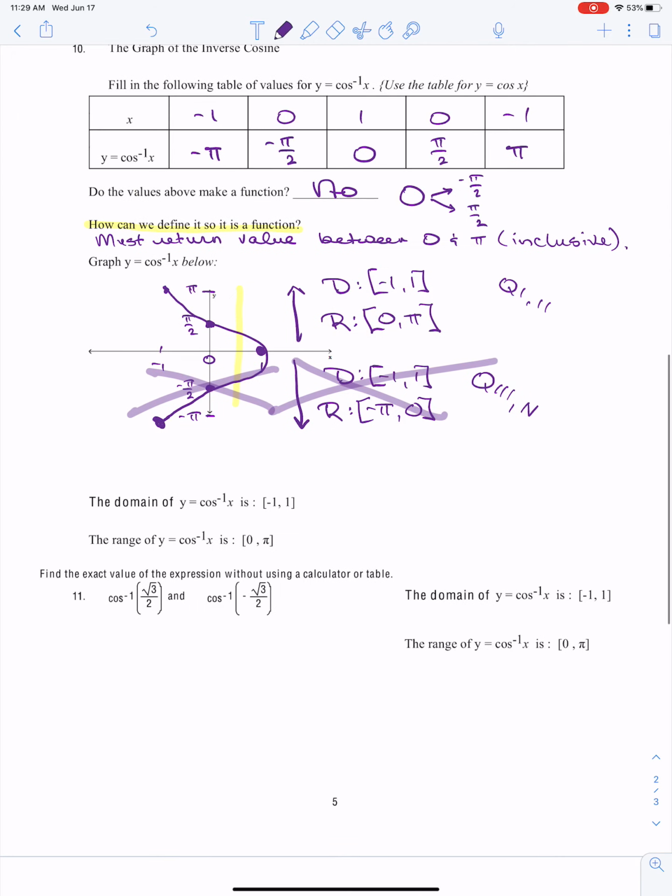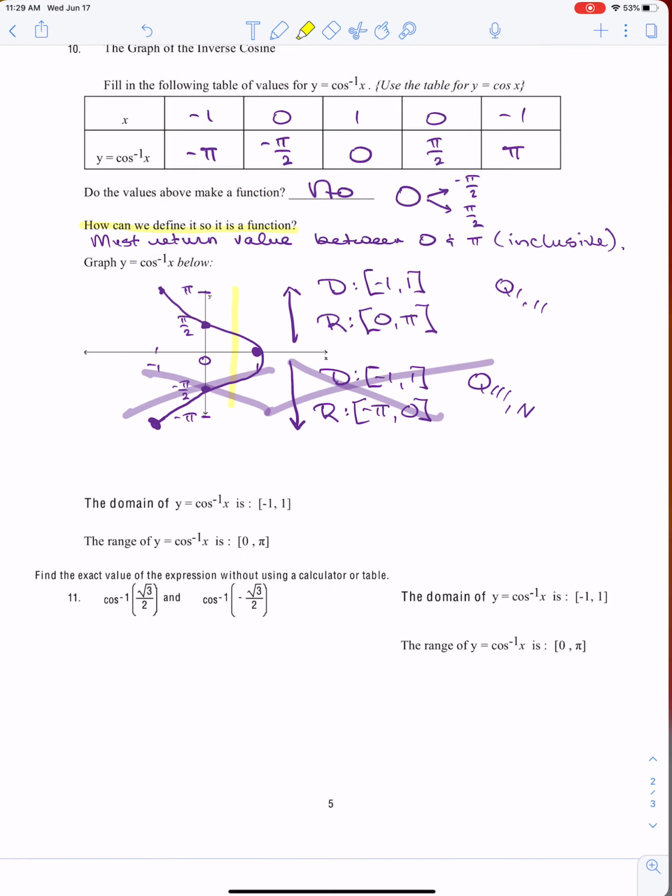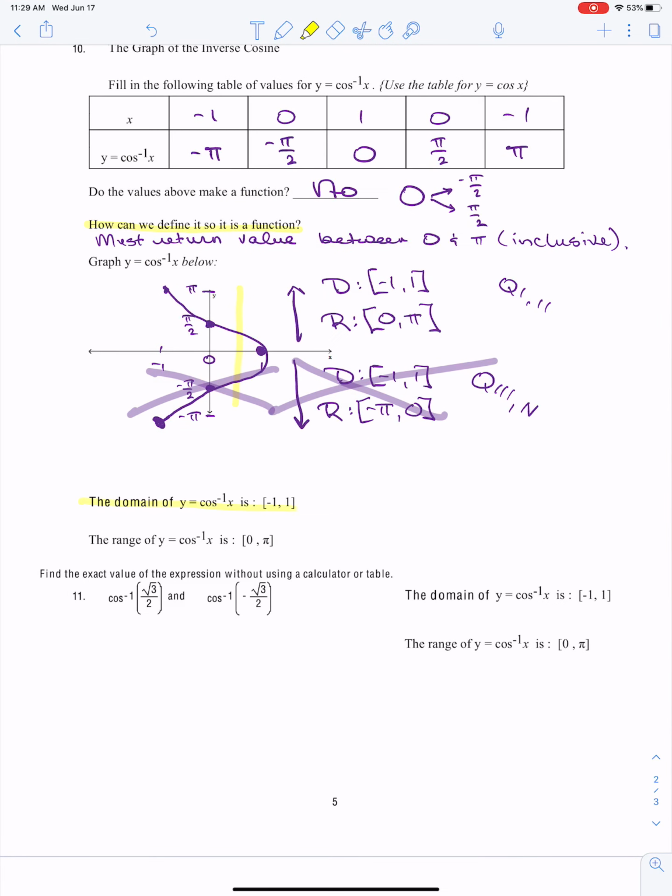And so every time you see an inverse cosine, just know your answer is going to be in quadrant 1 or 2. We don't want anything that is fallen in quadrants 3 or 4. Okay? That's what we're saying right down here. The domain is -1 to 1. The range, 0 to pi. Okay? So let's see what that looks like.